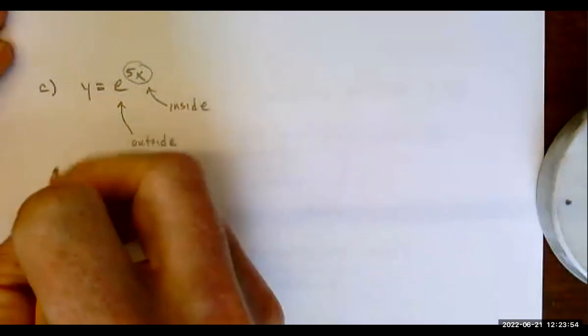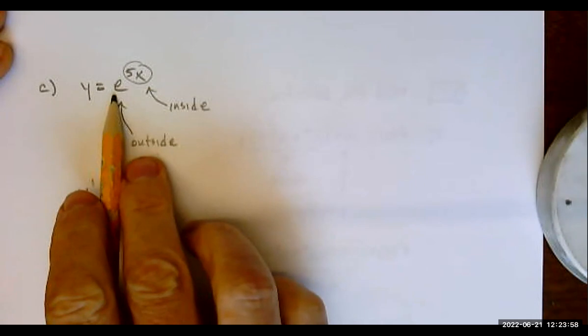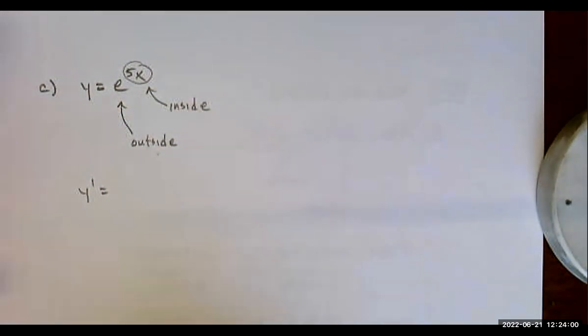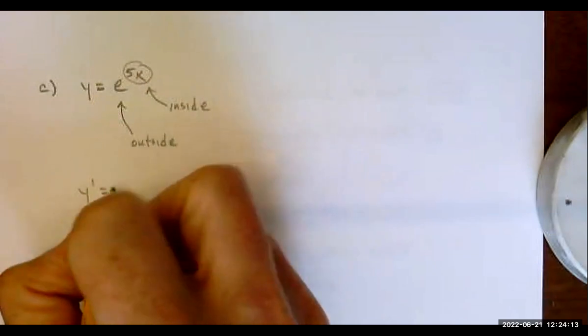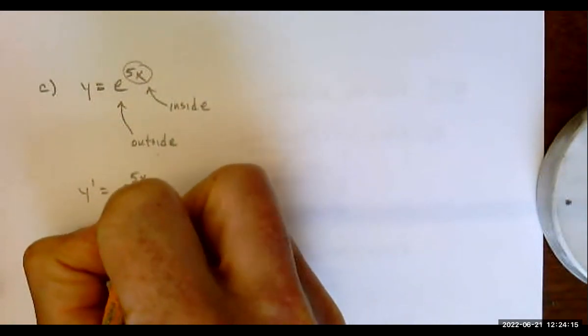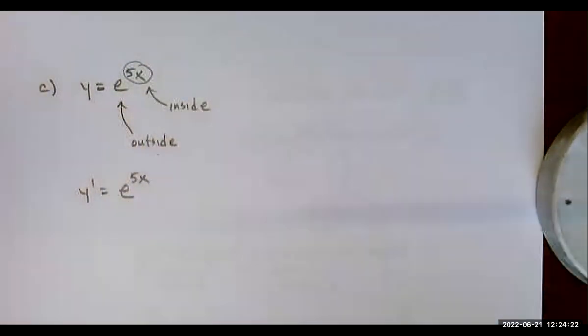So when doing the derivative, y prime, we'll start with the e. Remember, the derivative of e to the x is itself, e to the x. So if taking the derivative of e to the 5x, it's just itself for the outside function. The derivative of e to something is just itself, we copy it. But we're not done.